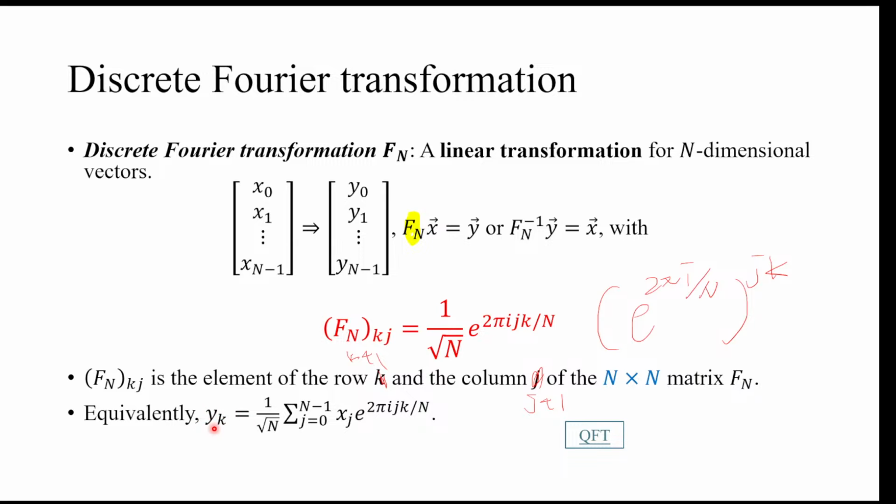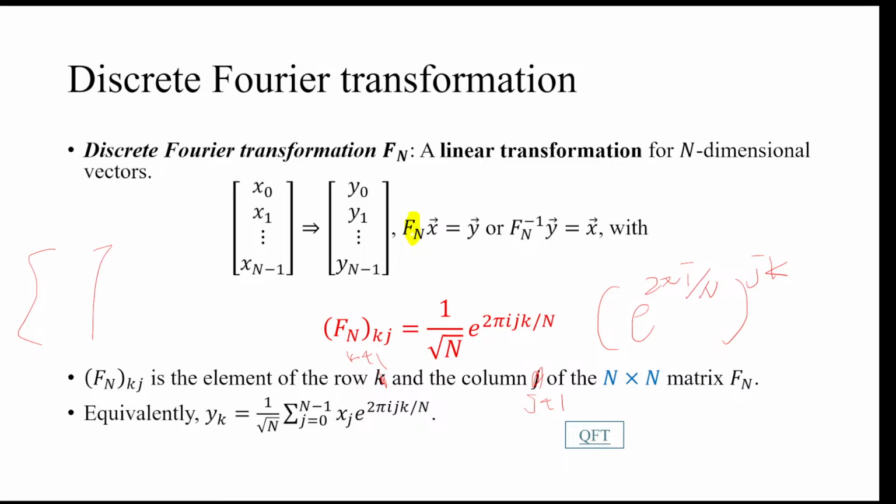What's the expression for each element of y? What's the k-th element of this y? It can be written as a linear combination of the elements of the input x. Basically you do matrix multiplication. I still like to write it down.